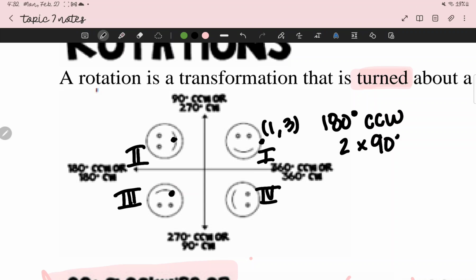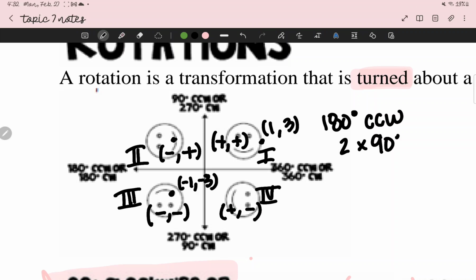So 1, 3 becomes -1, -3, because all the points in quadrant 1 are positive. In quadrant 2, all my x's are negative and all my y's are positive. All the points in quadrant 3 are negative, and in quadrant 4 they are positive, negative. That's going to tell you if you're on the right track.